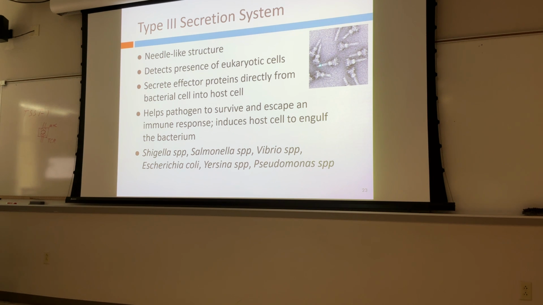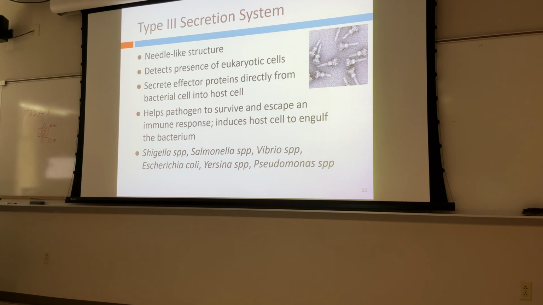This will attach to one of your cells and actually penetrate your cell membrane. So if you have your bacterial cell over here, your cell over here, this bacterial cell can make exotoxins, pass them through this needle, and literally inject them into your cells to kill your cells.